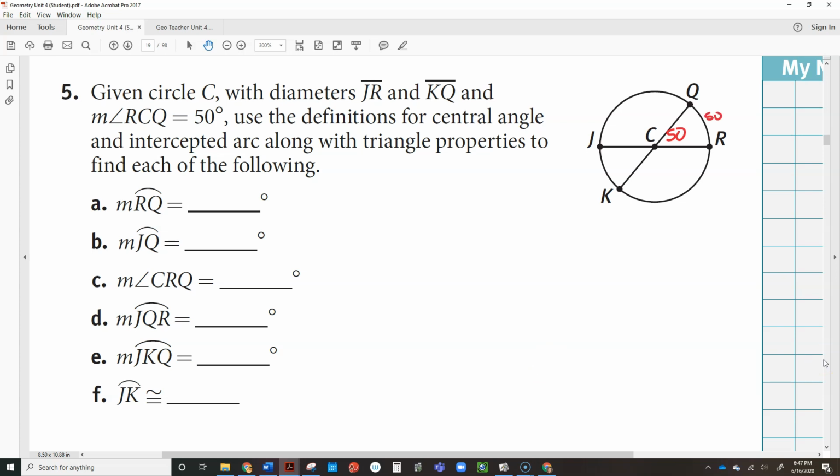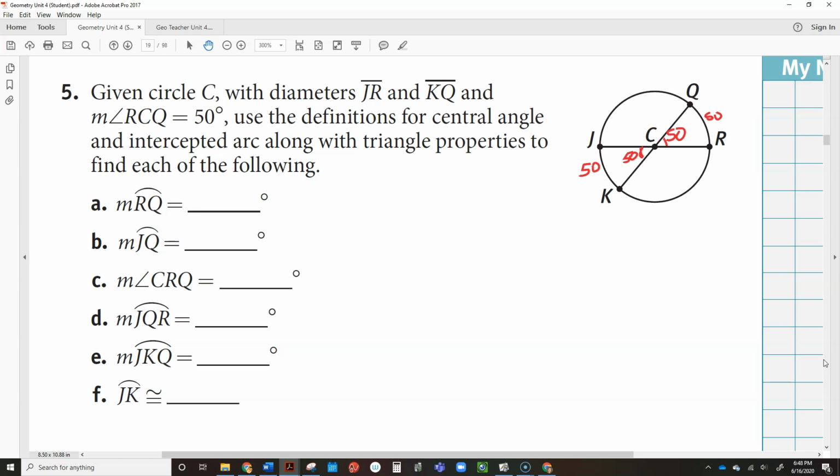50 doesn't look like a 50. The measure of this central angle is also 50 degrees because, yes, these are still vertical angles. So the measure of this arc is 50 degrees because for any central angle, the intercepted arc and the angle have the same measure. Okay, so I'm going to say that again. This is the intercepted arc for that central angle.